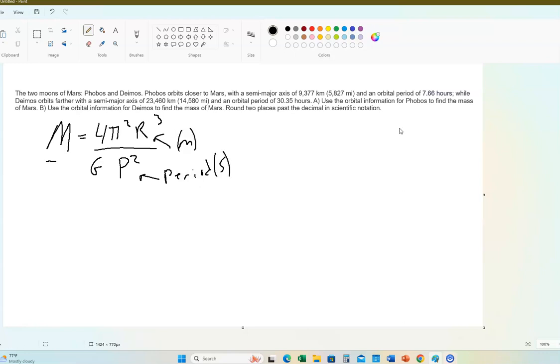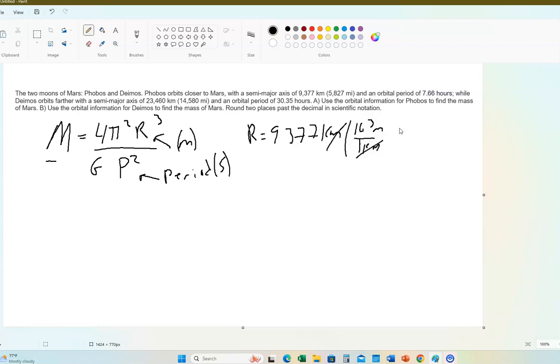All right, so we'll work with Phobos first, right? So R is actually pretty simple. 9,377 kilometers. Of course, in 1 kilometer there are 10 to the third meters. The kilometers cancel.